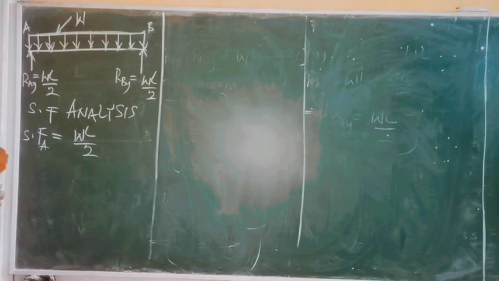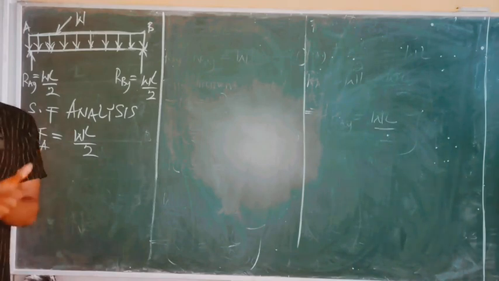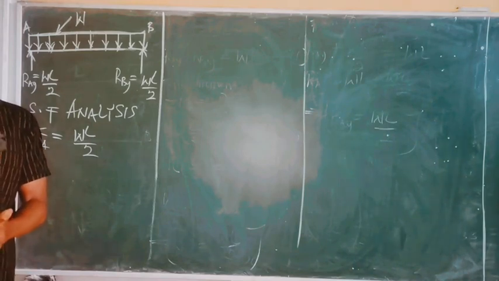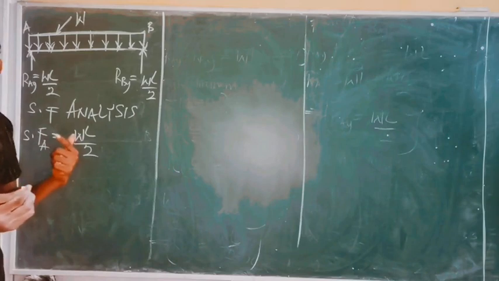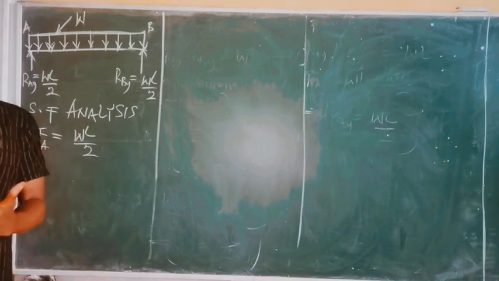Now, between A, the next point is B. But between A and point B, there is what? A uniformly distributed load. Between A and point B, there is a UDL. So because of this UDL, we have to take what is called a section. That section is what helps us to obtain the shear force equation. So since the UDL is across the entire length of the beam, you have to take a section.